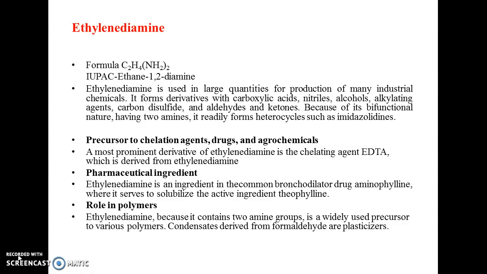It is also bifunctional in nature, having two amines. As it has two amines, it gets cyclized with organic compounds to form heterocyclic compounds like imidazolidines, which are heterocyclic compounds having two nitrogens at the 1 and 3 positions. It is also used as a precursor to chelation agents, drugs and agrochemicals.